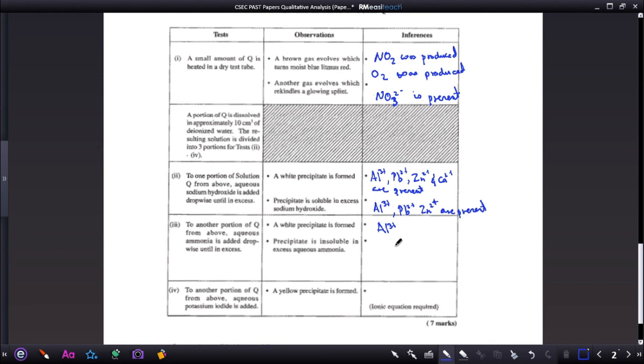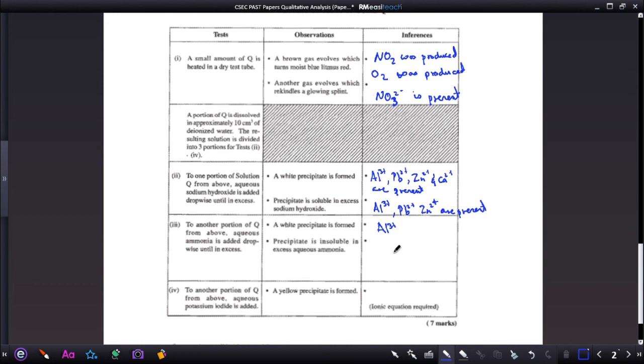So pay close attention. Please ensure that you know those like the back of your hand, because your examiners will want to quiz you heavily on these. So there are 4 white PPTs that form from either aqueous sodium hydroxide or aqueous ammonia. And as mentioned already, aluminum, lead, zinc, and calcium, those are the white PPTs.